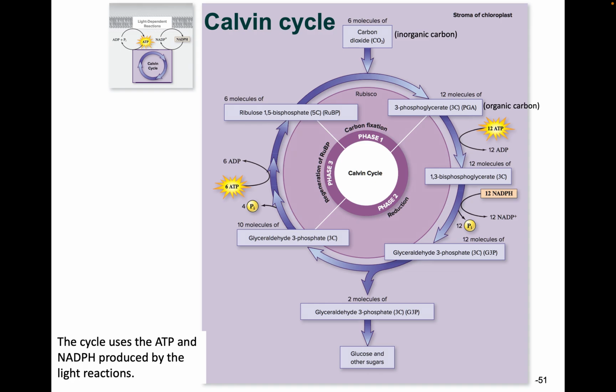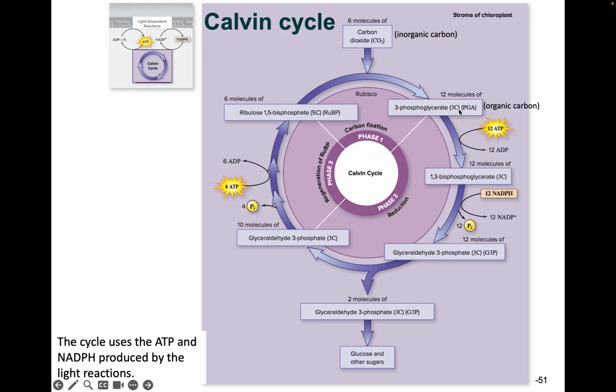So I'm going to explain to you what happens with one molecule of carbon. When one molecule of carbon dioxide comes in, it's going to incorporate into this RuBP with the help of Rubisco, the enzyme. It creates a six carbon compound, which is then directly broken into three phosphoglycerates.